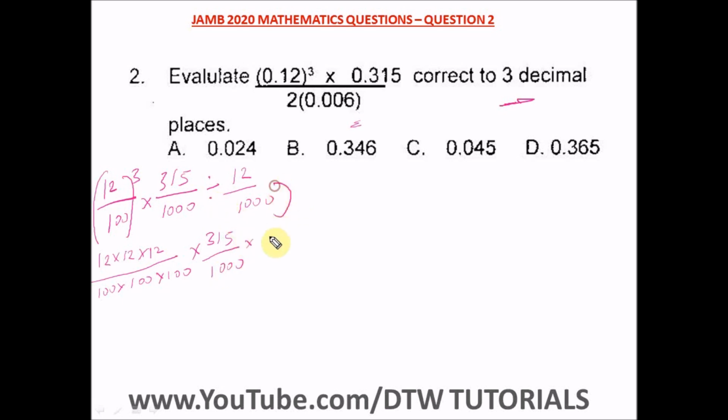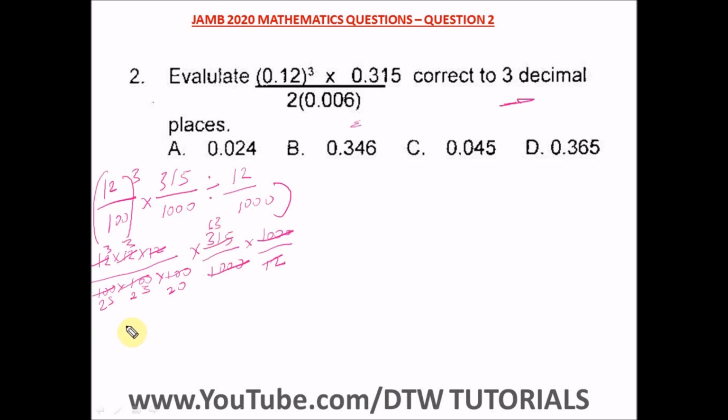Remember, this flips over, so we have 1000 over 12. So we have to work out this, we cut out this. 4 in 12, we have 3, 4 in 100, 25, 4 in 12 again we have 3, 4 in 100 we have 25. So we have 5 in 100, 20, 5 in 315 we have 63.